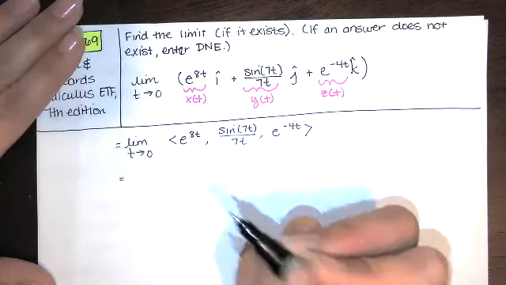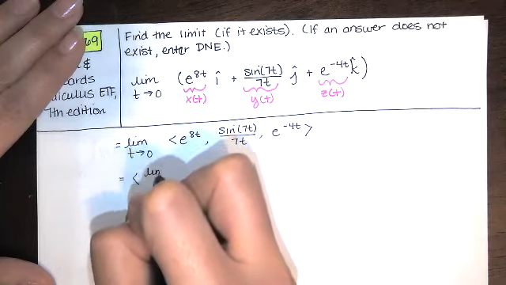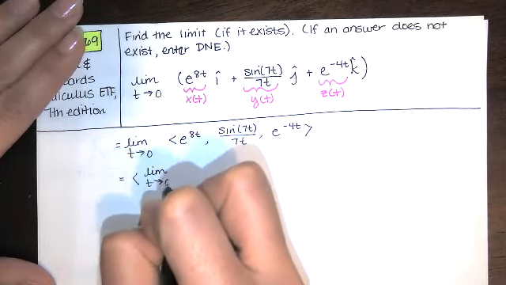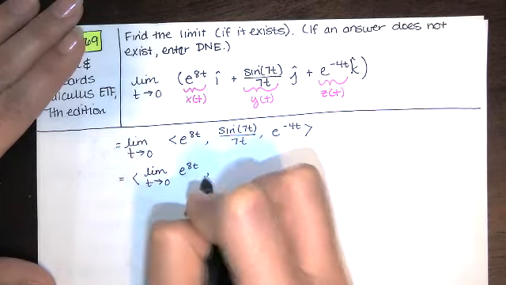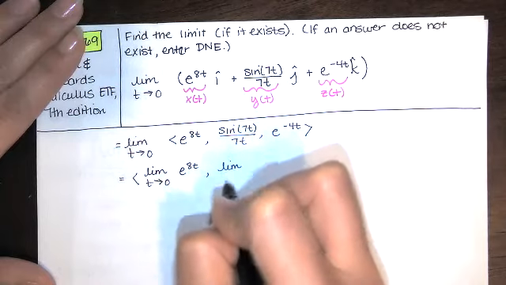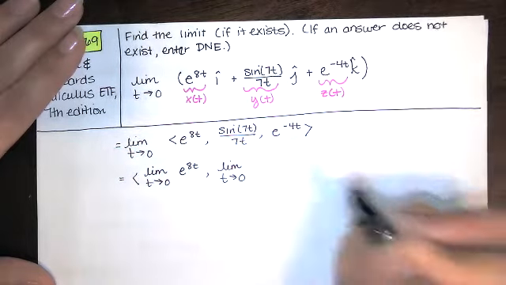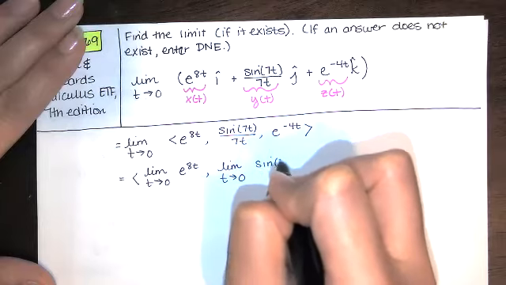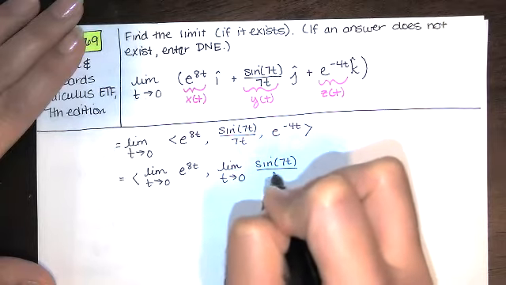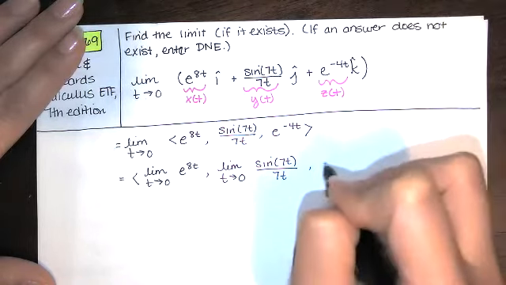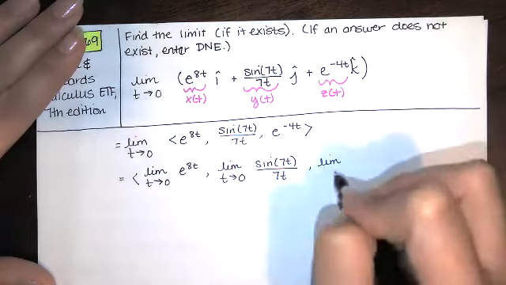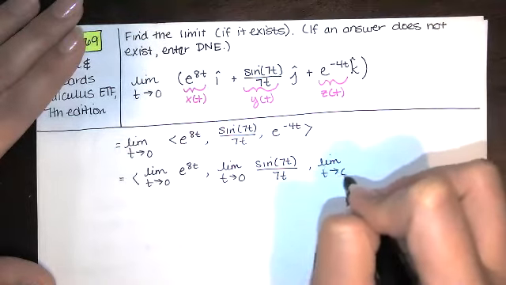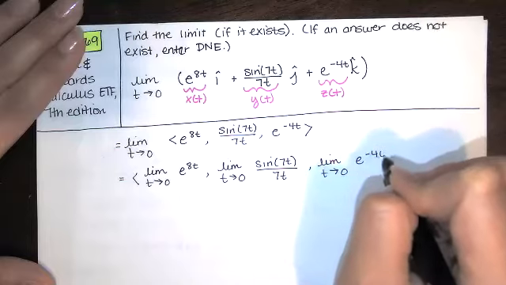Provided these limits exist, you take the limit of each component separately, multiply those by i hat, j hat, and k hat, and then you're done. That is the limit of the original vector valued function.